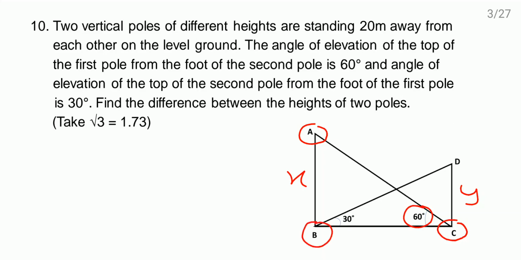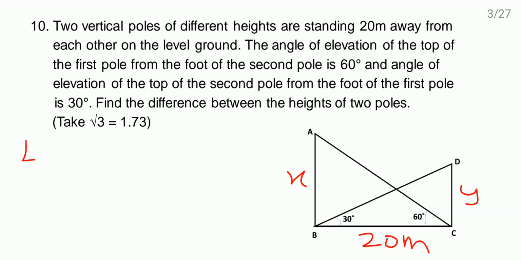From the foot of the taller pole, when you are looking at the top of this pole, the angle of elevation is 30 degree. Here, all of you just remember one thing. If the pole is taller, it means that the angle of elevation is bigger. And if the pole is smaller, the angle of elevation will become smaller. Okay? And distance between both the poles is given as 20 meter.